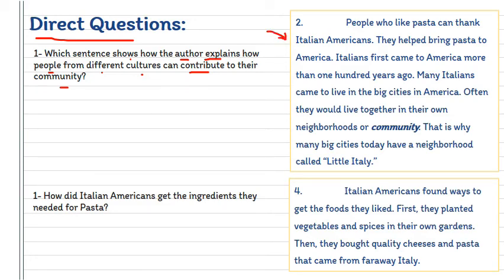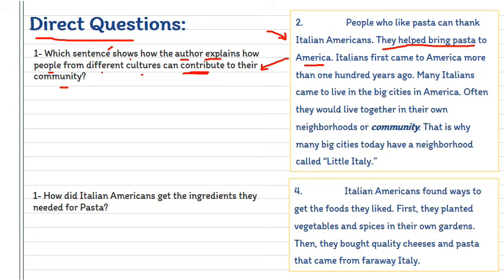So they said here, people who like pasta can thank Italian Americans. They helped bring pasta to America. It means they made a contribution. So this sentence here actually answers this question. I actually marked the sentence. It shows how Italians contribute to their community.